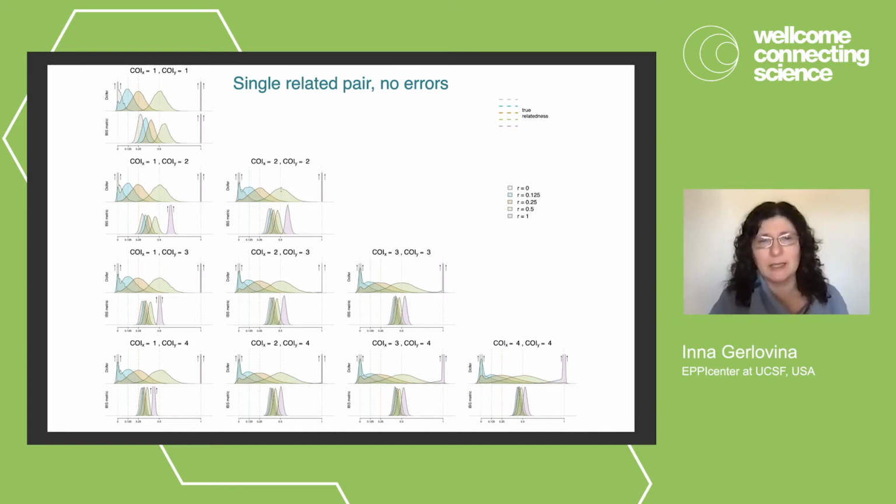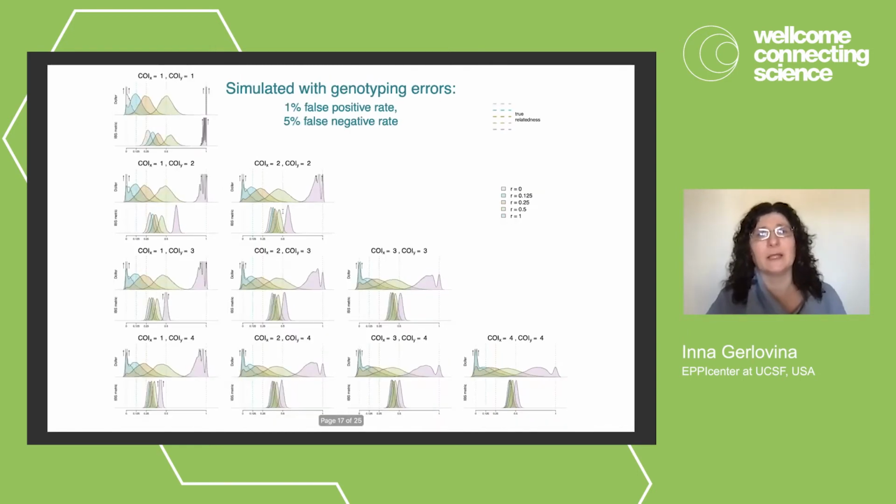And Dcifer is doing much better in both regards. This was simulated without errors, and if we do include genotyping errors, we see a similar picture. Now the parameters are a little bit underestimated because genotyping errors break up the relatedness between two samples a little bit.